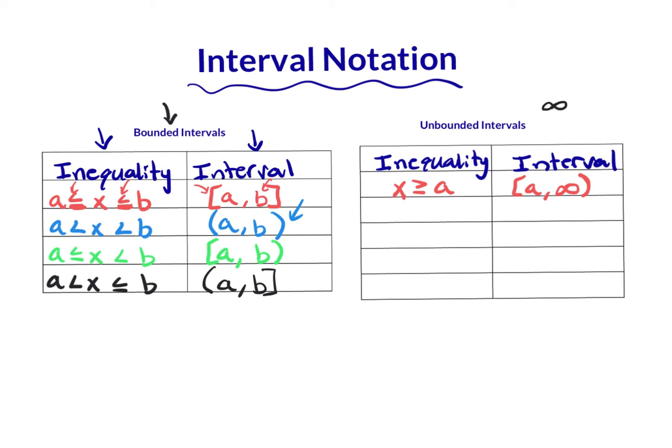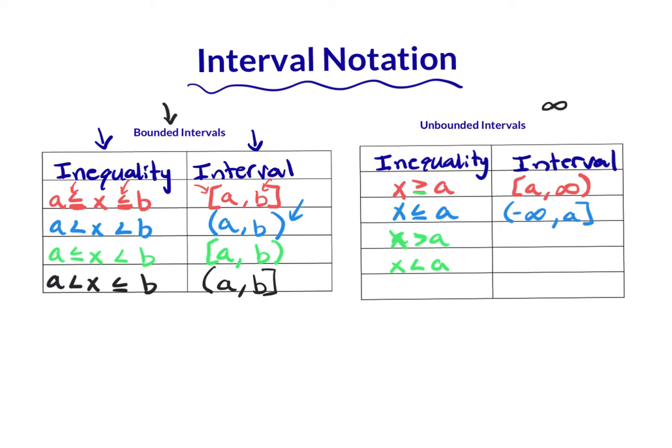All right, what about x is less than or equal to a? That would be negative infinity to a. Now, same idea, except not the or equal to: x is greater than a, and x is less than a.